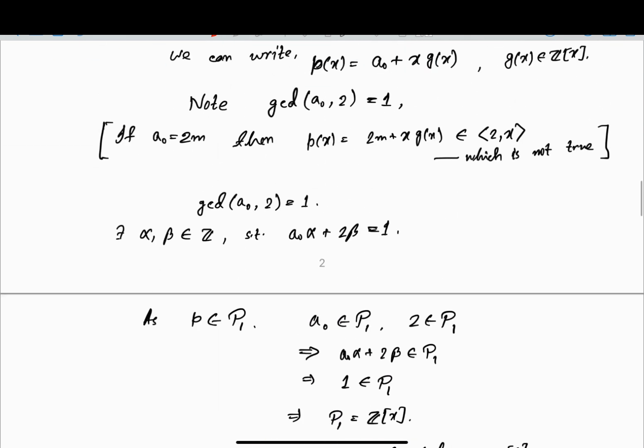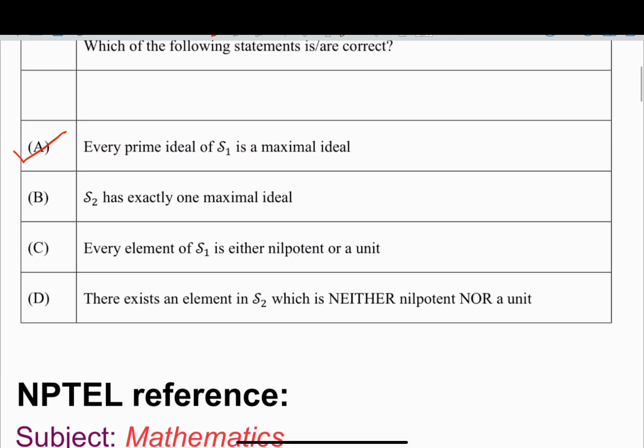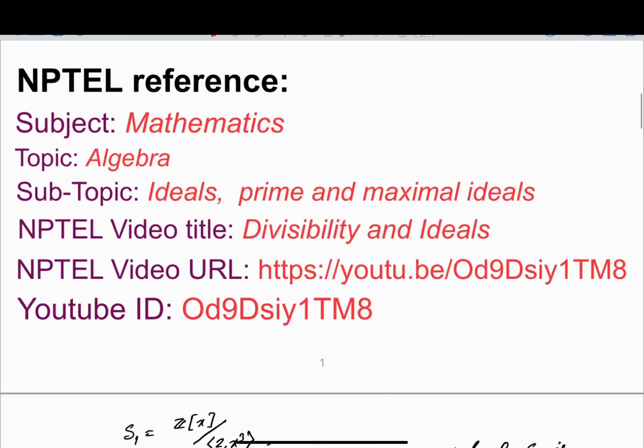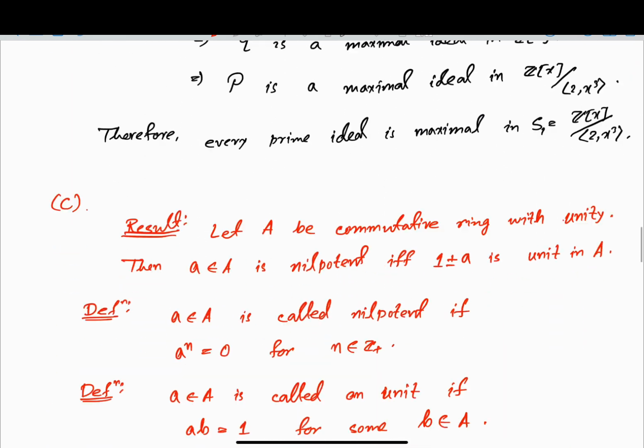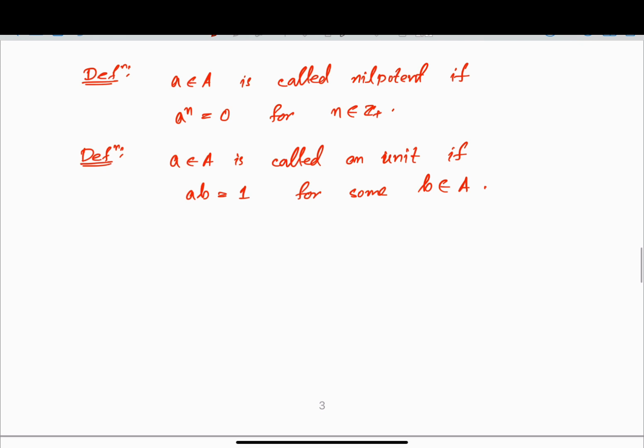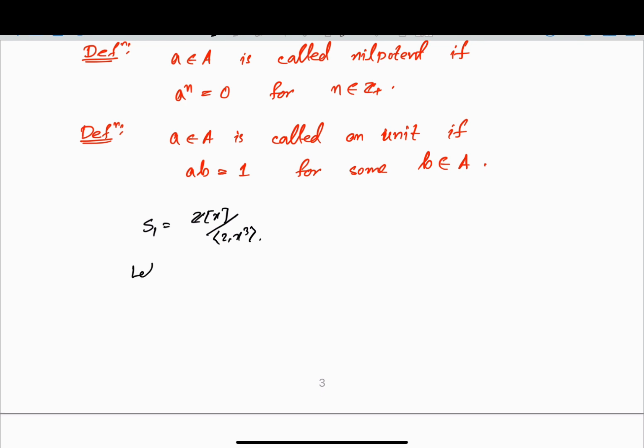So what you have to show is that every element of S1 is either nilpotent or a unit, right? S1 is basically Z[x] mod (2, x^3). How will a general element look? Let p belong to S1.